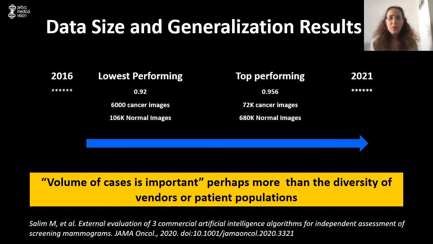So the authors here performed the first independent evaluation of 3 commercially available AI algorithms for CAD in the domain of mammography, and their goal was to assess the screening performance when combined with radiologists.